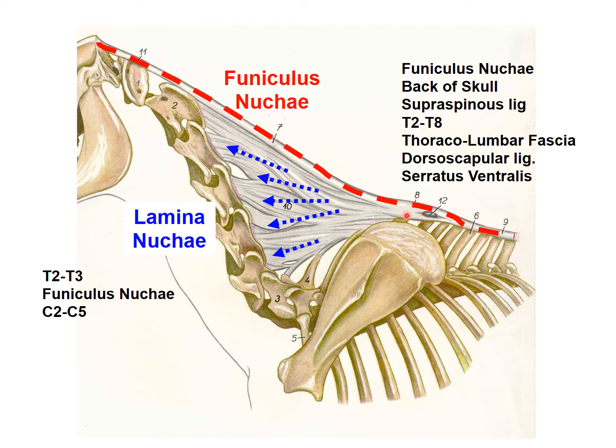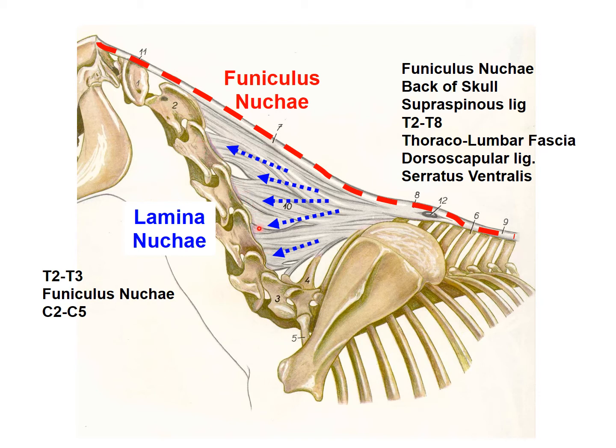And then the lamina part originates from the spinous processes of the first thoracic vertebra and also the funiculus nuchae, and inserts on the spinous processes of the cervical vertebrae C2 to C5.